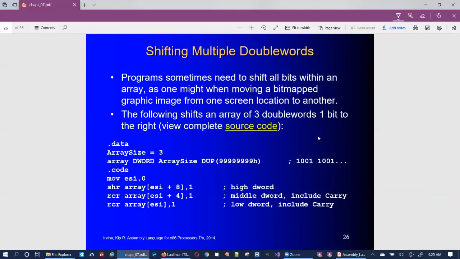Sometimes programs need to shift all the bits within an array, for example when you're moving a bitmapped graphical image. The following shifts an array of 3 double words 1 bit to the right.